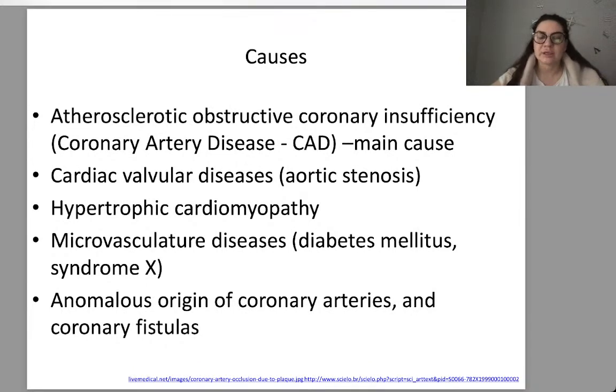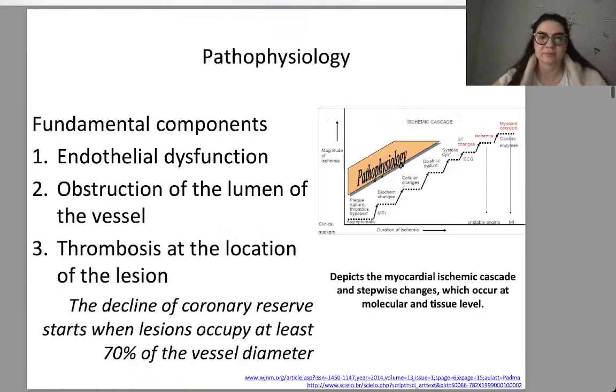Other causes can include hypertrophic cardiomyopathy, which I told you about, with increased demand. It can be microvasculature disease like diabetes mellitus and syndrome X. It can be anomalous origin of coronary arteries and coronary fistulas.